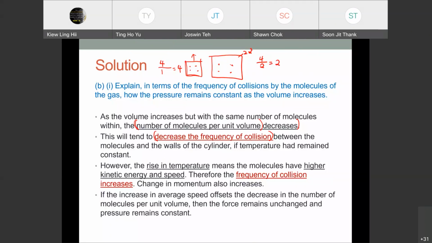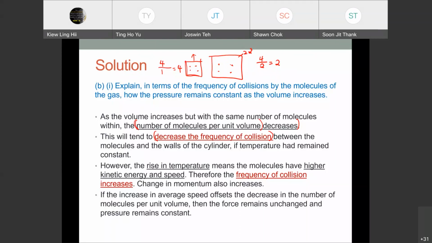Decreases. So because of the increase in volume but the same amount of particles, the number of collisions decreases. The frequency of collision decreases.